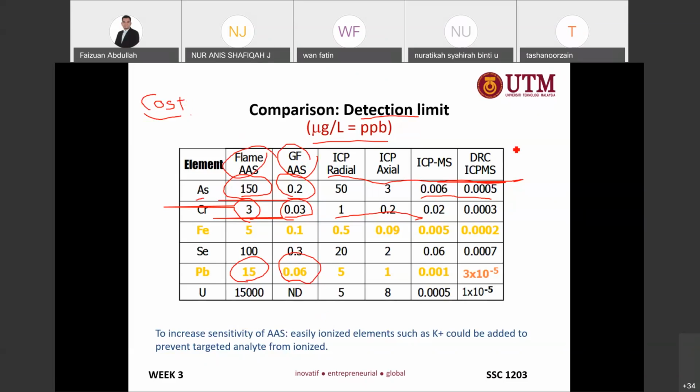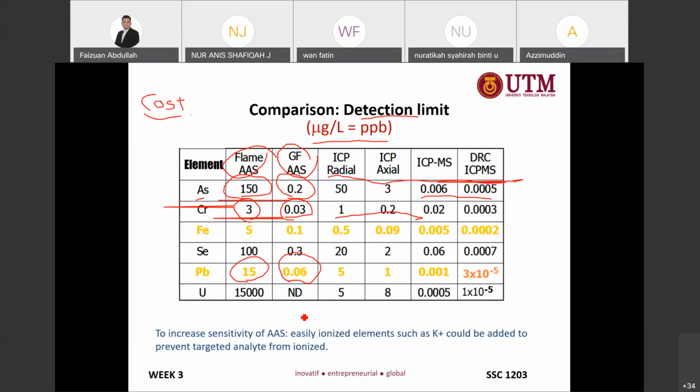Graphite furnace, right. Because the graphite tube itself can only be used several times, for example only 30 times, and then it needs to be thrown away. The cost of one graphite tube is more than 1,000 ringgit. You get the idea? So this is expensive.